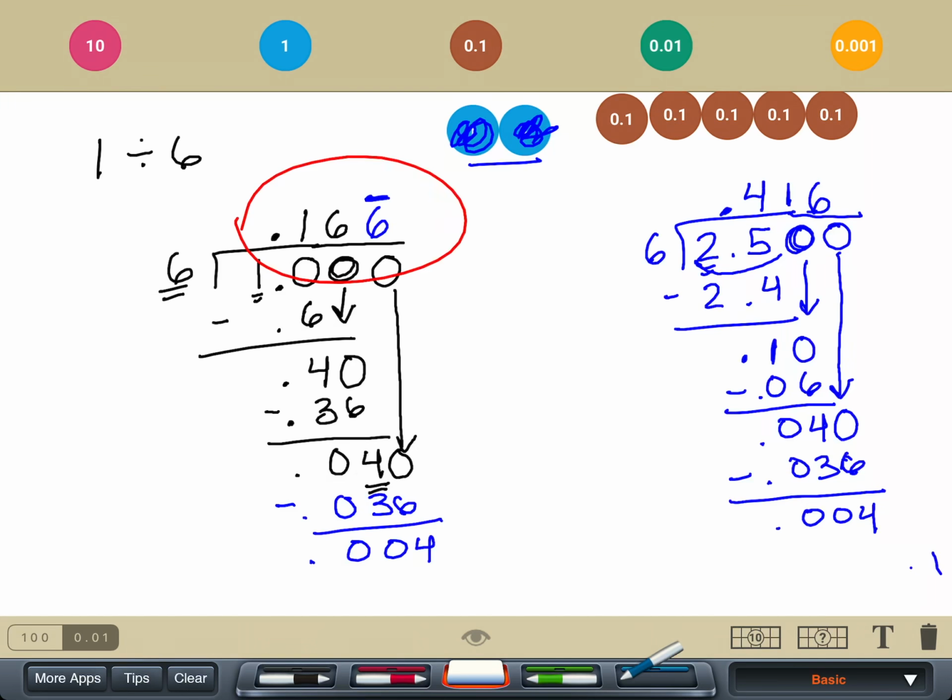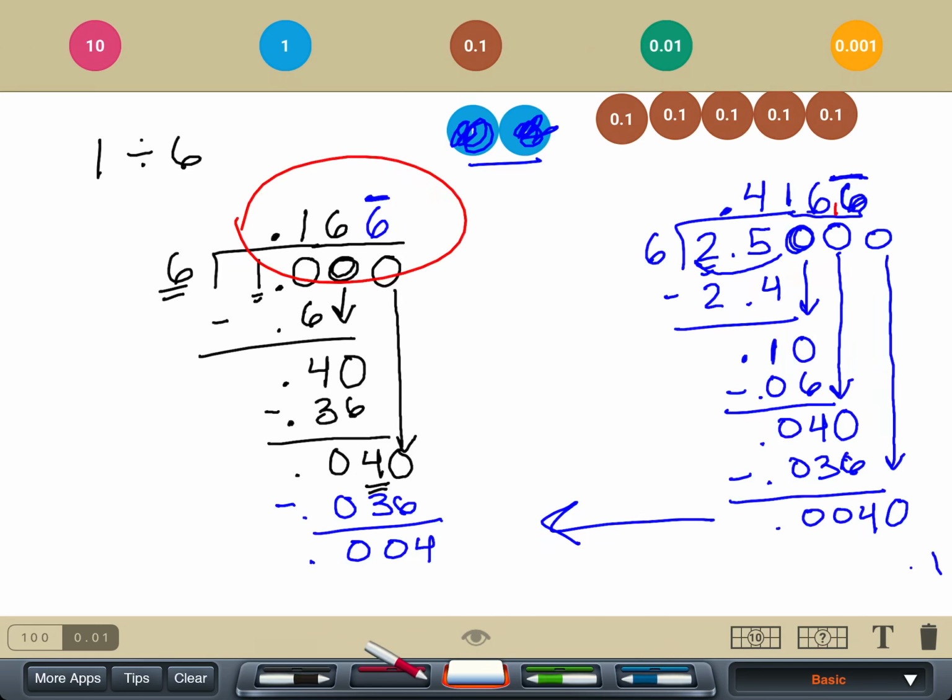And we would have 4 thousandths left. Do you see what's going to happen if we add another 0? We're going to be in the same situation here as we were over here. So once you realize, oh wow, every time I add a 0, I'm going to end up with the same number over here, then you can just go ahead and put a little line there.